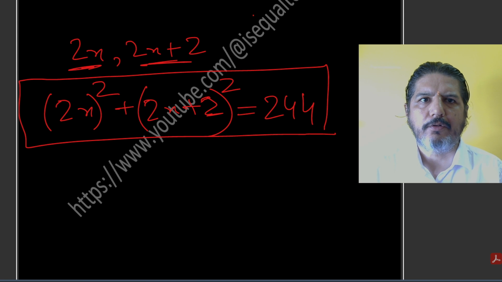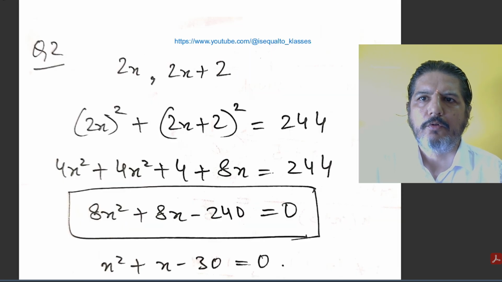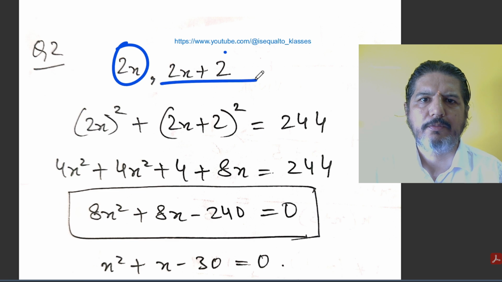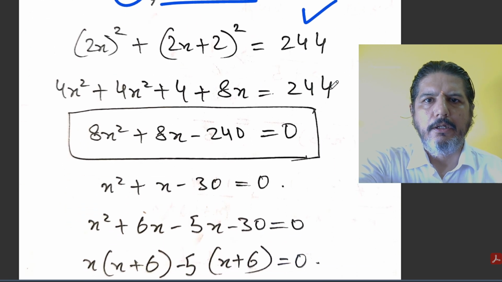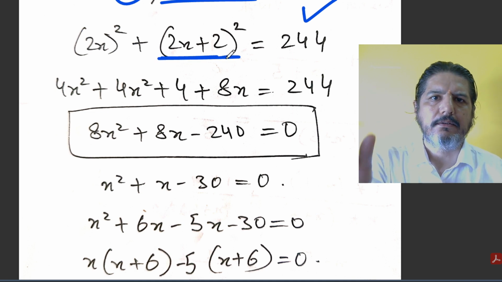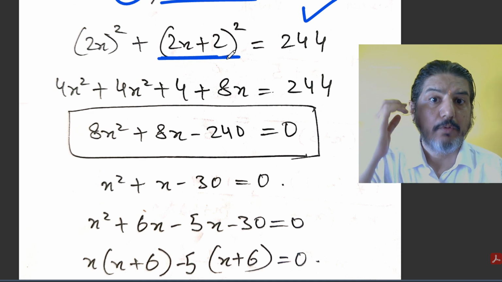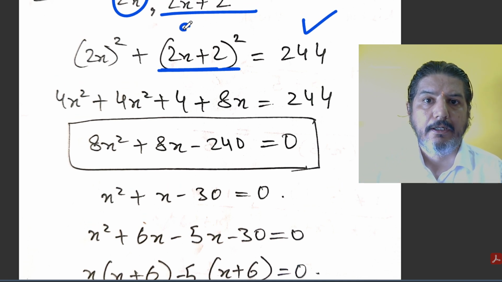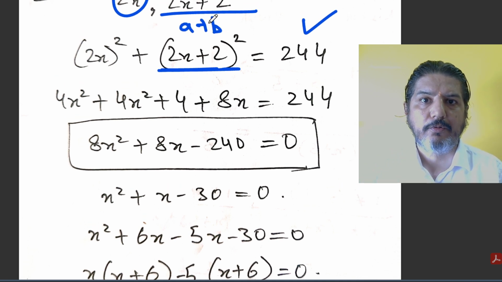And now let's look at the solution. As I've discussed, the numbers are 2x and 2x plus 2. So I've taken the square of the numbers. You should understand how to expand (2x plus 2) square. If you are not comfortable with the expansion of (a plus b) whole square, I will be using (a plus b) whole square as a case.